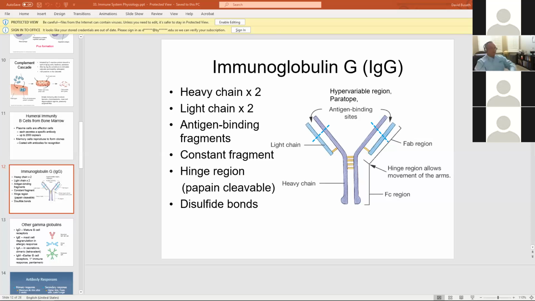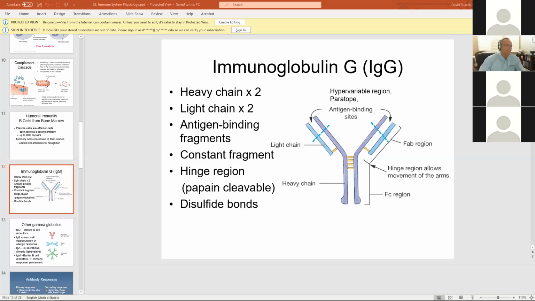Does it bind by hydrogen bonding? Yes, hydrogen bonding and ionic bonding can come into play, but they're not as important as the van der Waals contacts of surface complementarity. Okay, cool.